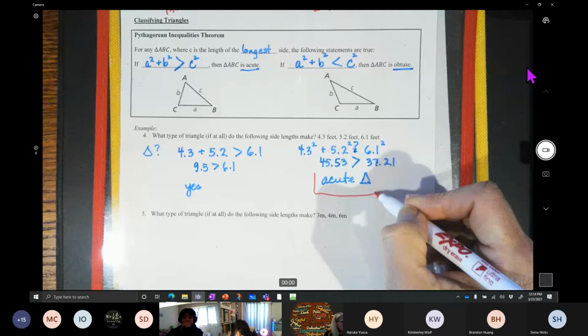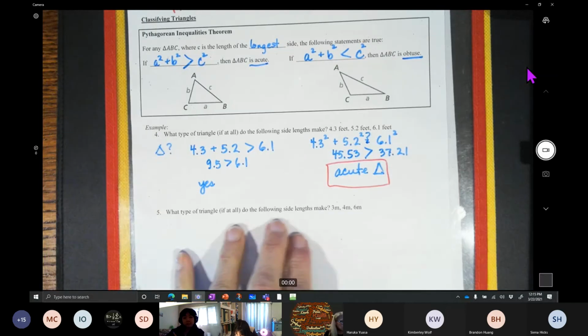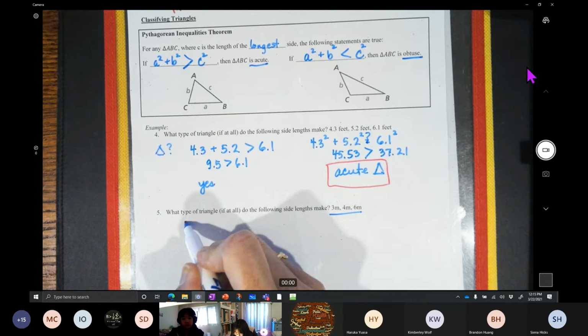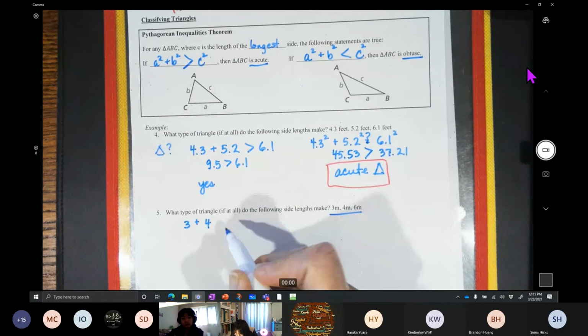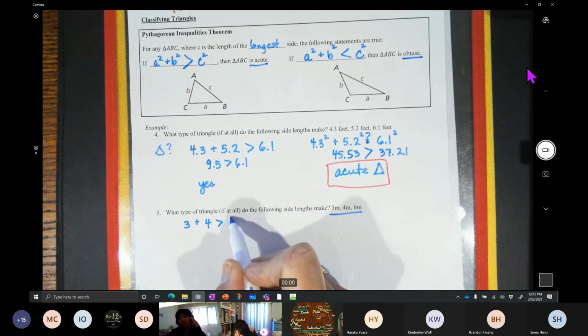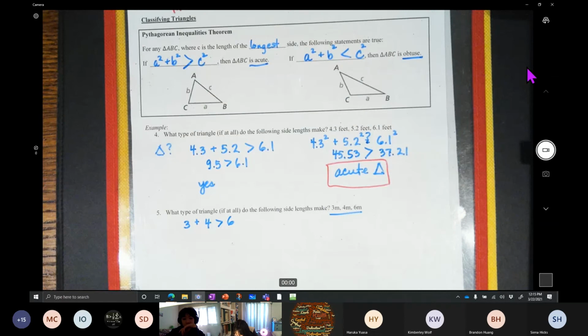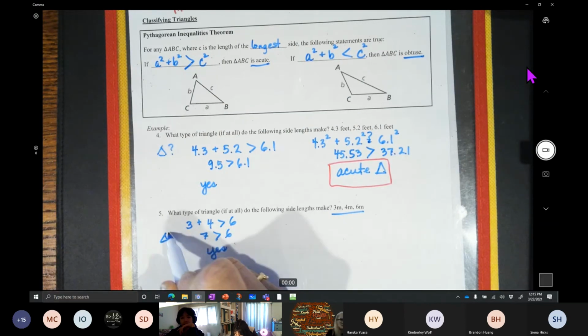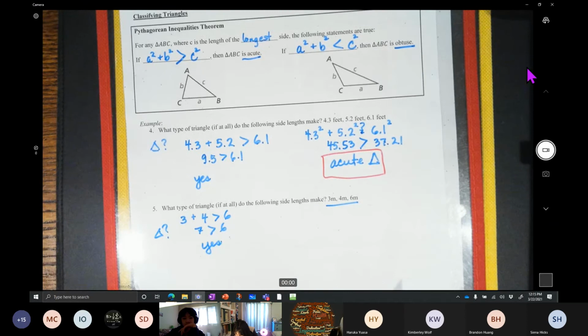Okay, and number 5, what type of triangle, if at all, do the following sides make? 3, 4, and 6. So let's check to see if it's a triangle. Is 3 plus 4 greater than 6? Yes, so it is a triangle. I'm going to check that. Now we know that, we can do the Pythagorean theorem. 6 has to be on this side.